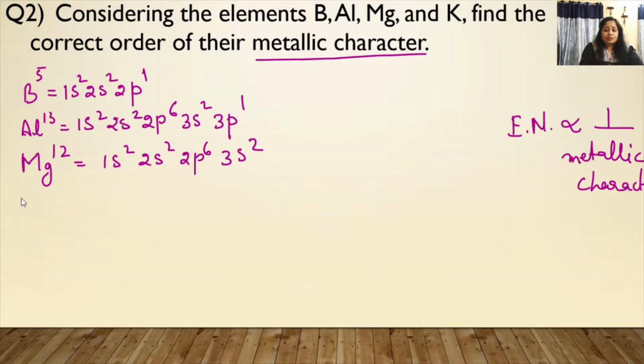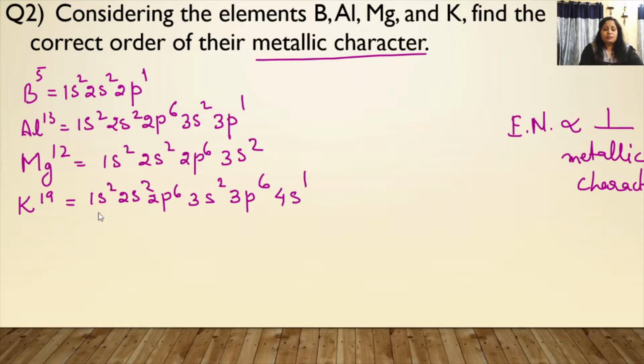And the last is potassium. Potassium having 19 electrons. So we will write the configuration 1s2, 2s2, 2p6, 3s2, 3p6 and 4s1. Correct? 6 plus 2 plus 2, 10. 10 plus 6, 16, 18 plus 1, 19 electrons.